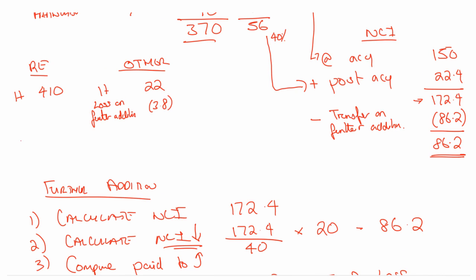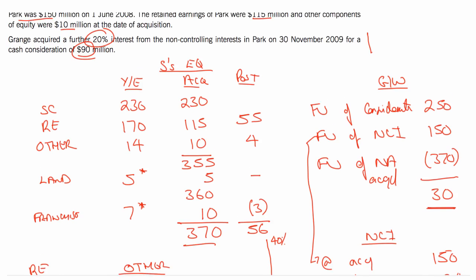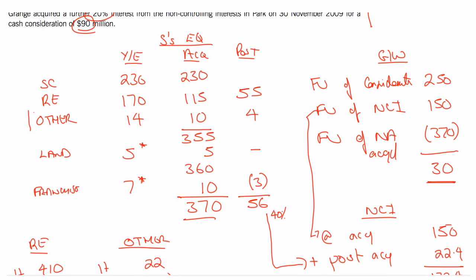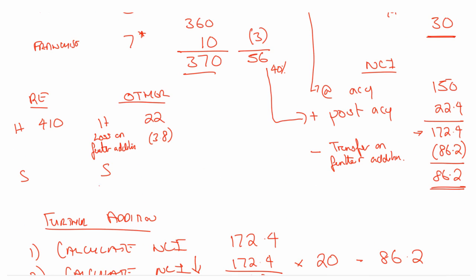Then I want my share of S. Now this is where you have to be a little bit careful. What you want to do is put a box on other. And I want my share of that 4 in my other reserves. So that would be easy then. So for S, all I do is I say, I want my 60% then of the 4, which is 2.4. So I just put that 2.4 in, and I'm done.